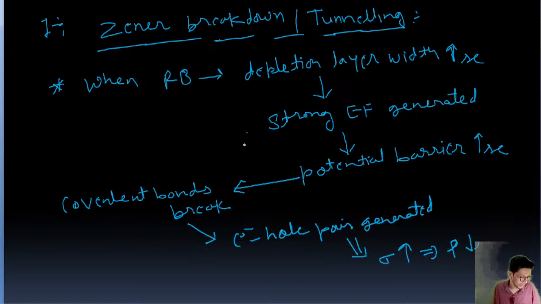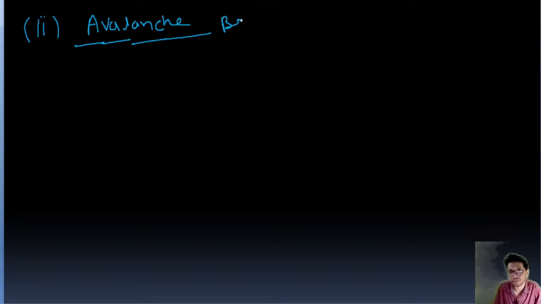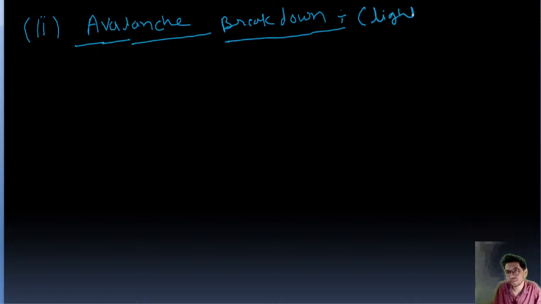Okay, so next is avalanche breakdown. Avalanche breakdown is for a lightly doped diode. This diode is lightly doped.